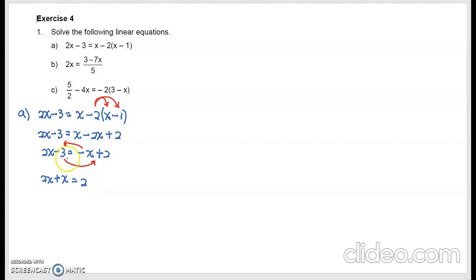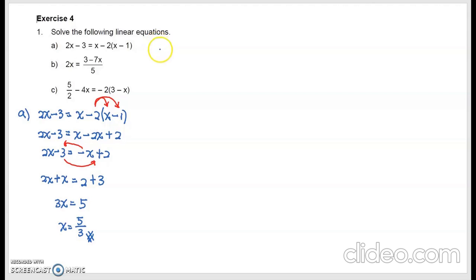Negative 2, when we move to the right hand side, will become positive, and negative 3, when I move to the right hand side, will become positive 3. So here we will have 3x is equal to 5, so x is equal to 5 over 3.